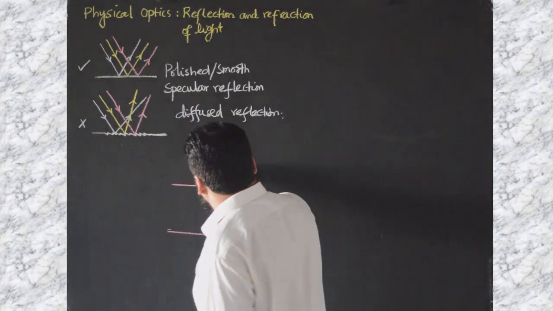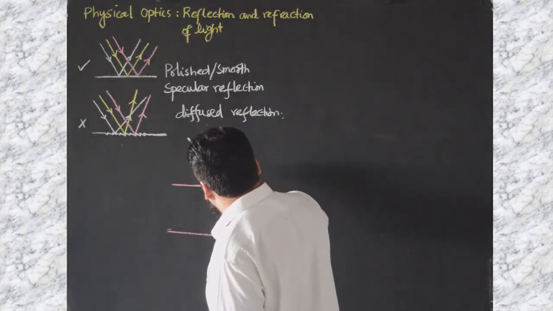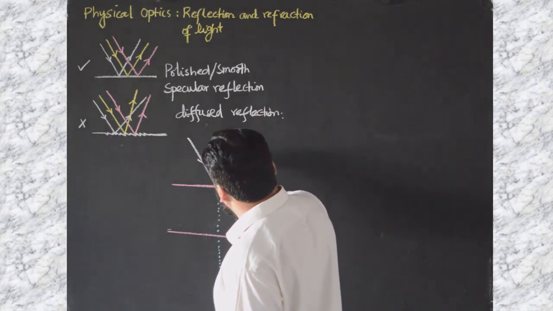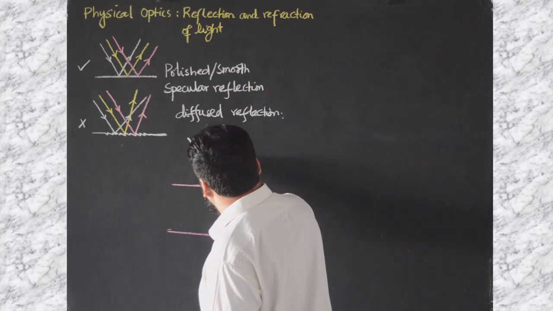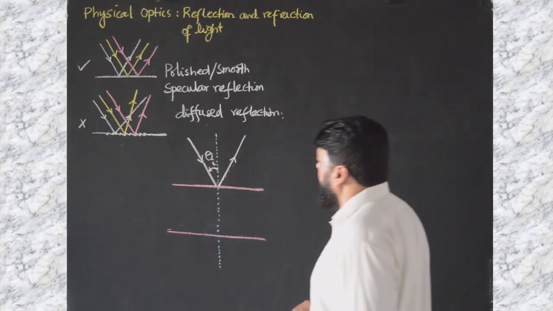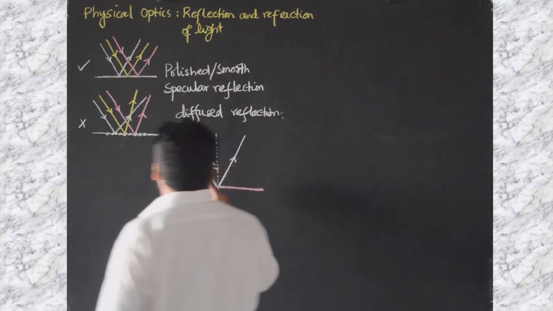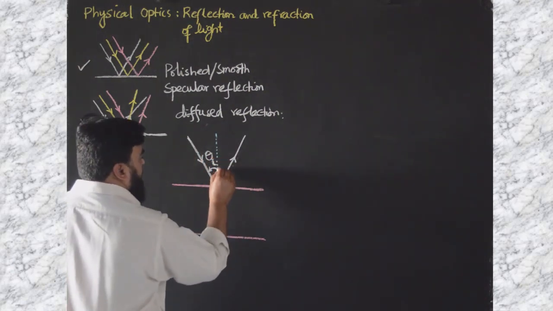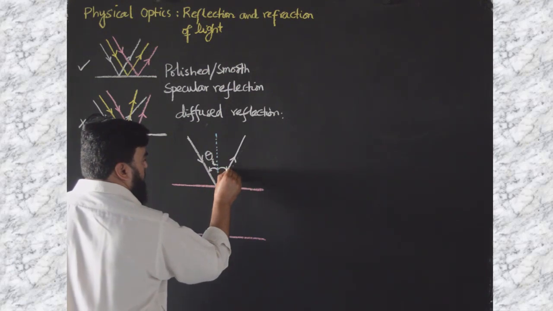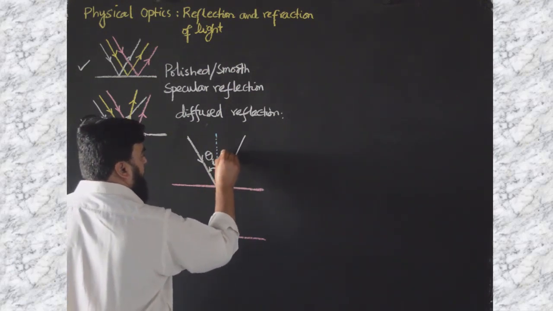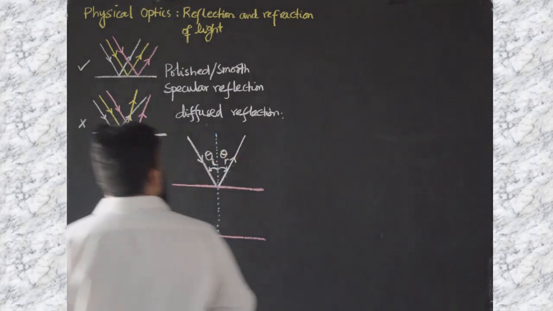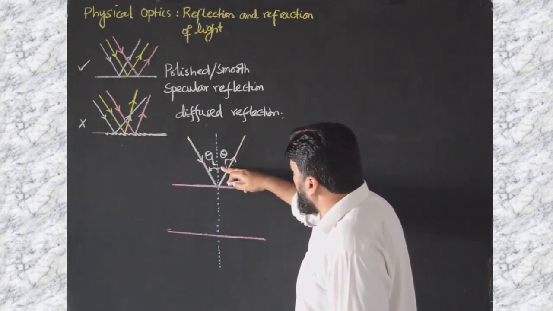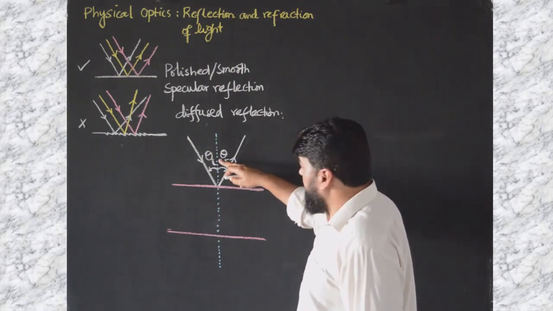This angle, measured from the perpendicular line, I call the incidence angle, theta I, because this is the incident light. And this angle I call theta R, because this is the reflected light and this is the reflected angle.